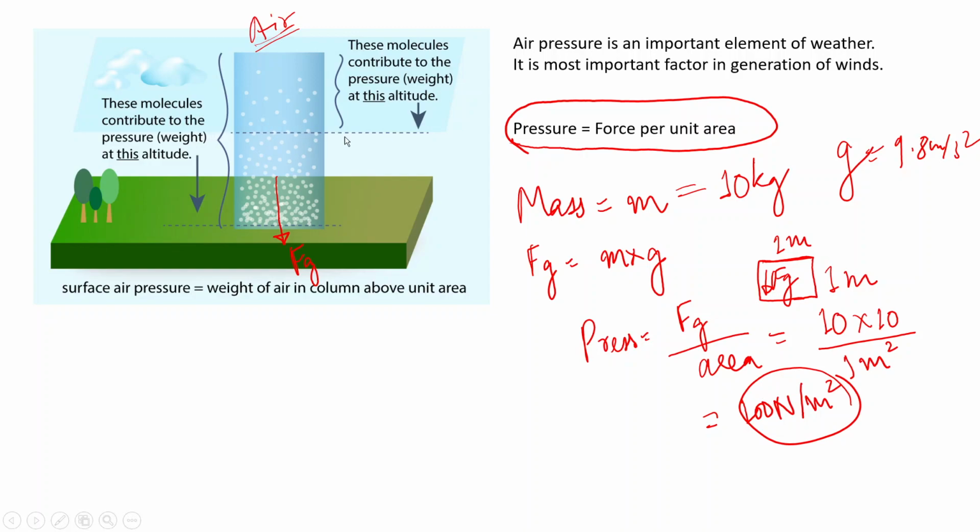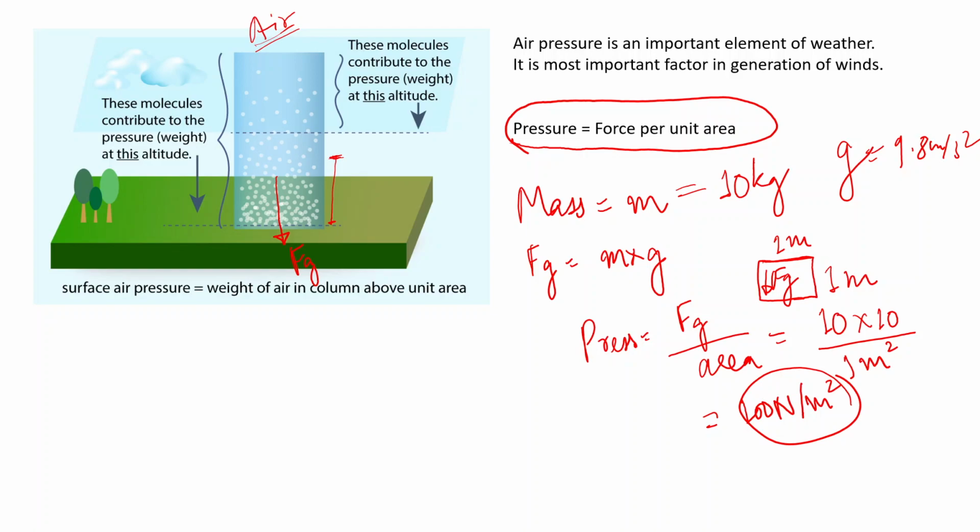Now, if we see in this particular diagram, we can see that the molecules which contribute to the weight of the air are variable at various altitudes. At the lower heights, closer to the Earth's surface, the air is denser because a lot of molecules are closer to each other.